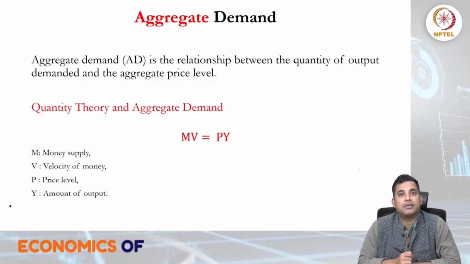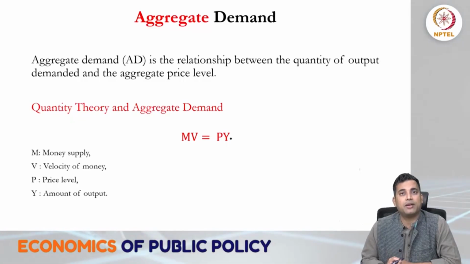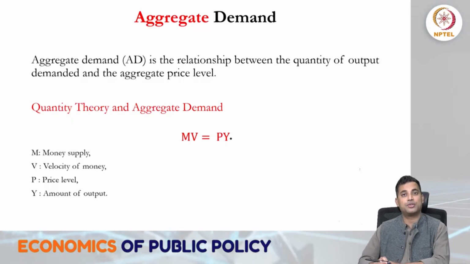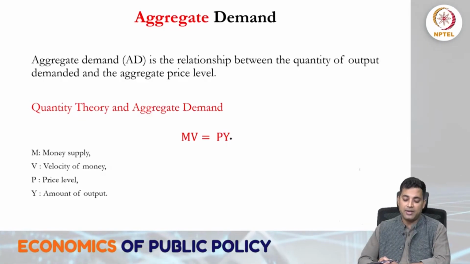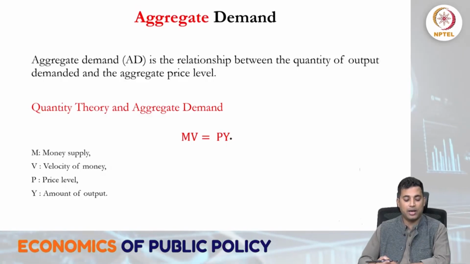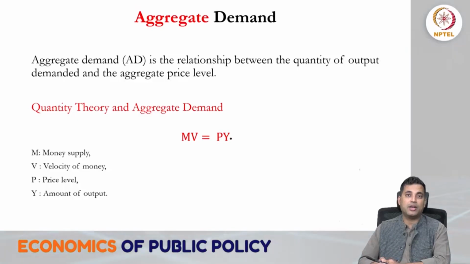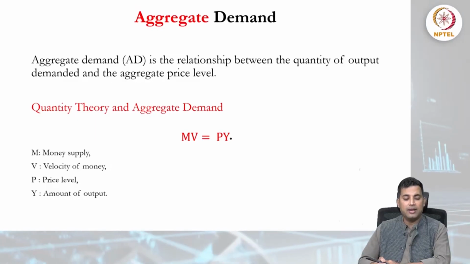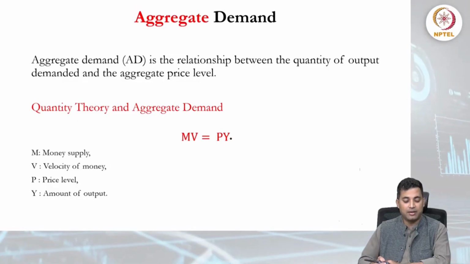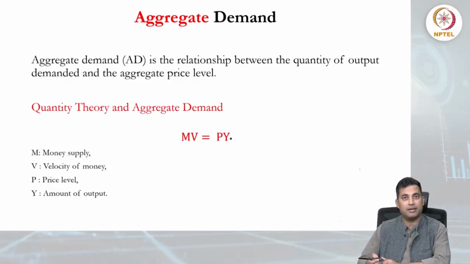Here is the equation we are quite familiar with as students of economics: MV equals PY. Capital M is the total money supply in the economy, and the central bank, in India the Reserve Bank of India, supplies it.